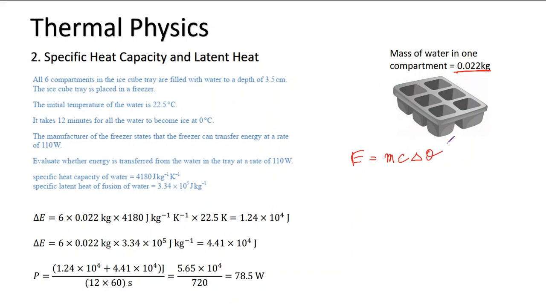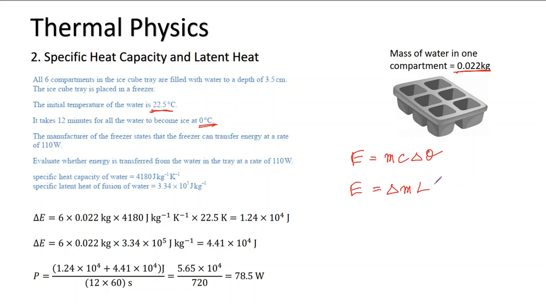So for del theta, the initial temperature is 22 degrees Celsius and the final temperature, the lower temperature, is 0 degrees Celsius. You find out this energy, and then the freezer does another job, that is to change the state of water in these ice compartments into ice. So the equation is del m l. Whenever you have a question associated with state change, the equation is always del m l.